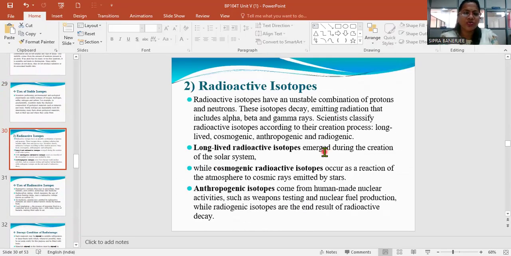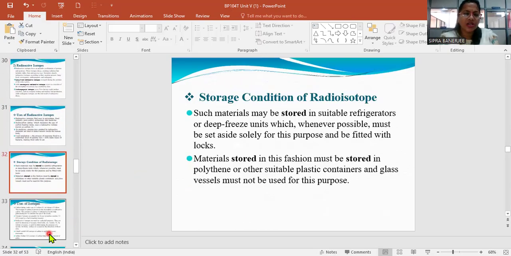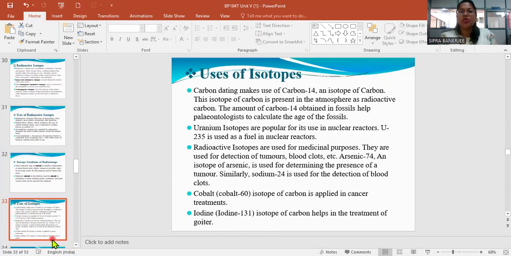Now, radioactive isotopes are used as long-lived radioactive isotopes, for anthropogenic activity, and cosmogenic radioactive isotopes for space-related functions. Storage condition: they have to be stored in polythene or a suitable plastic container or glass vessel that will prevent the radiation from diffusing.